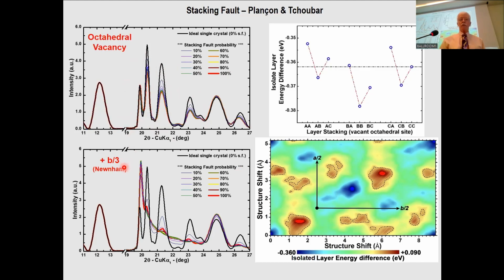This is the octahedral vacancies, Alain Plançon, and again, we can see the effects of those in the diffraction patterns, contrast those with Noonan. So you begin to look at the disorder landscape and get an idea of what you can get out of your diffraction patterns, and do those make any sense energetically.